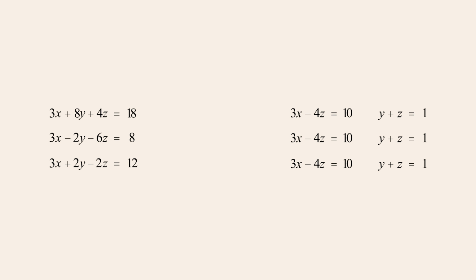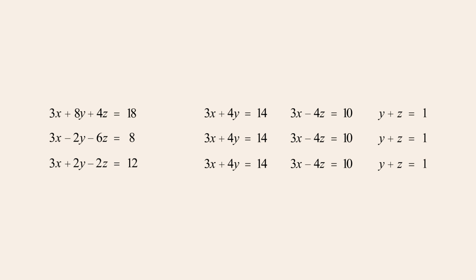Likewise, if we had chosen to eliminate z, each pair would have produced the equation 3x plus 4y equals 14, with the same end result 0 equals 0.